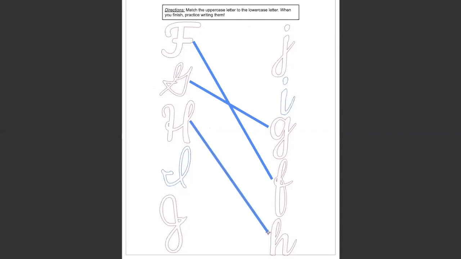We have two letters left. This is the I, I. Go ahead and draw a line from the uppercase I to the lowercase I. It should look like this.